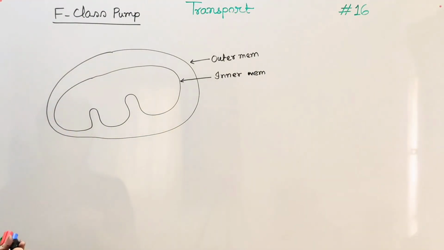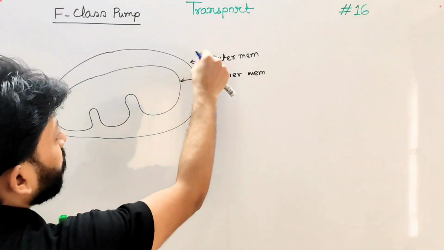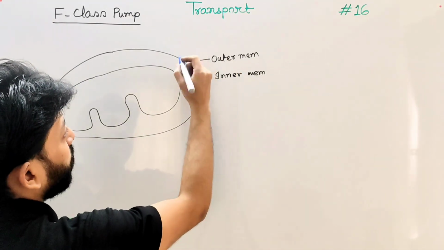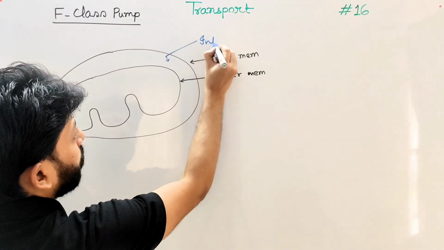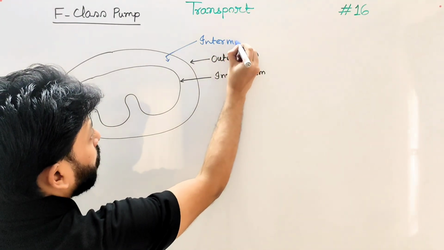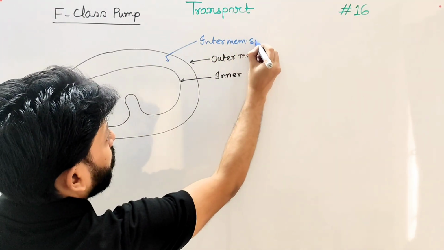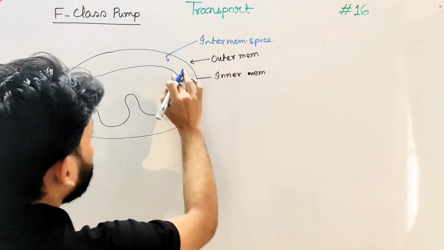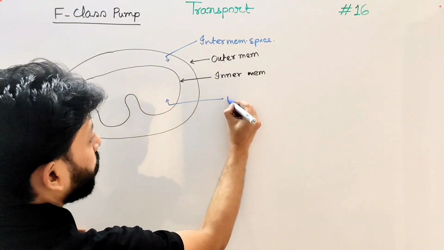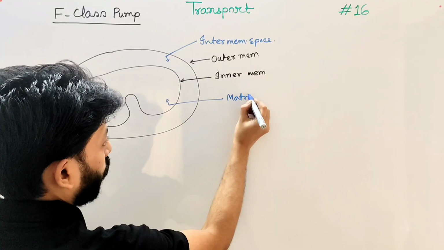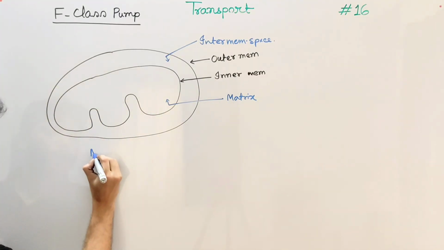Now in between this outer membrane and inner membrane, this space is called the intermembrane space. And inside this inner membrane, we call it the matrix of the mitochondria. So this is an example of mitochondria.